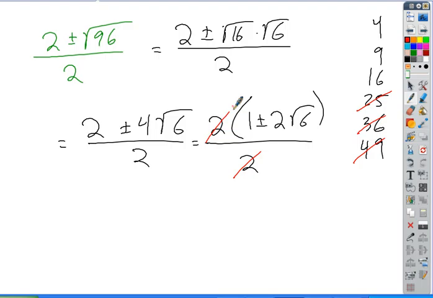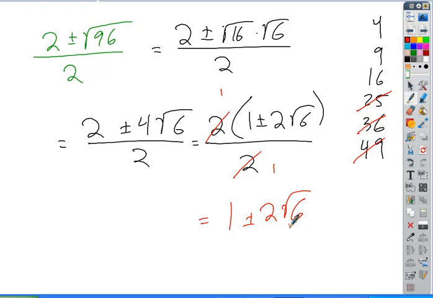So when I cancel those, that just gives me a 1 there and a 1 there, and I don't need that one, do I? And I don't need that one, right? So when I cancel those out, my final answer is just 1 plus or minus 2 times the square root of 6, okay?